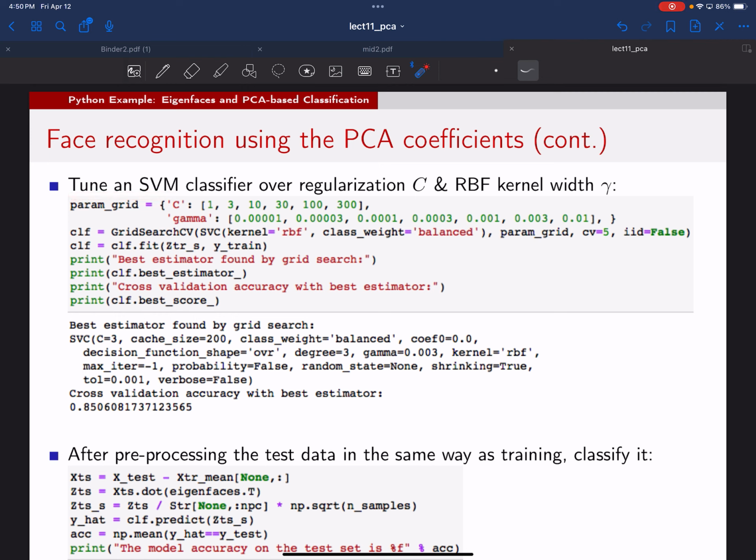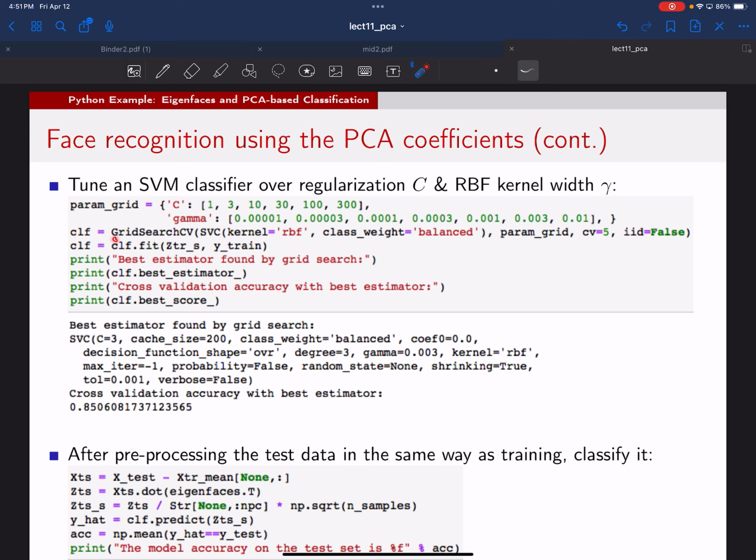As we know with SVMs, this is a radial basis function kernel. We have two parameters to tune. Both are super important. They both need to be tuned jointly. We have the regularization C, the kernel width gamma. So we can do all this in 3 lines of sklearn. We set up a parameter grid, logarithmically spaced for C, logarithmically spaced for gamma over a couple orders of magnitude.